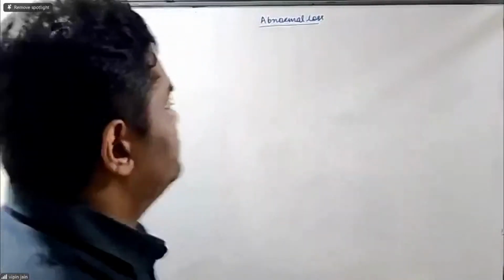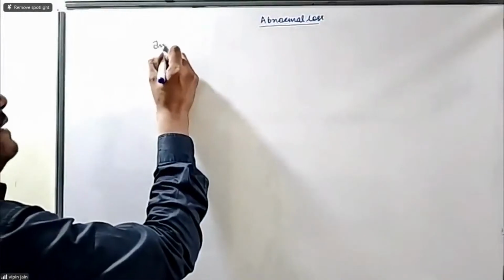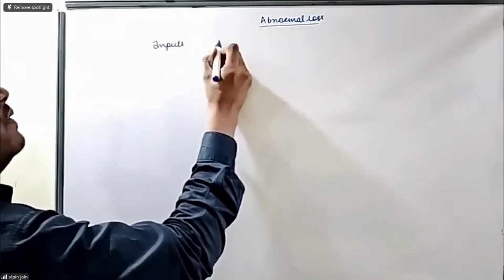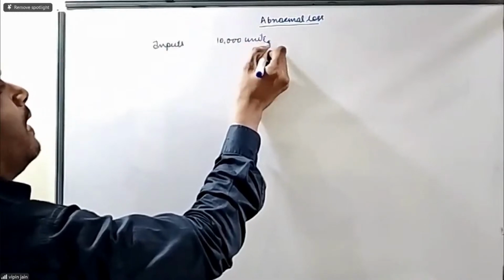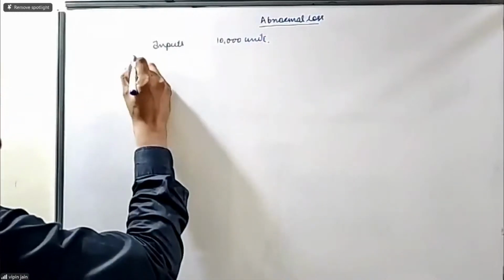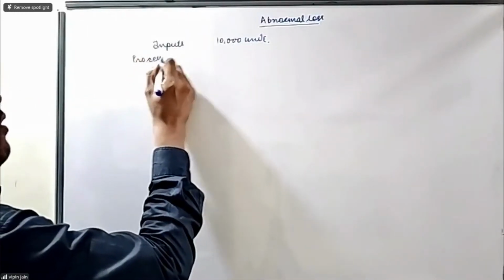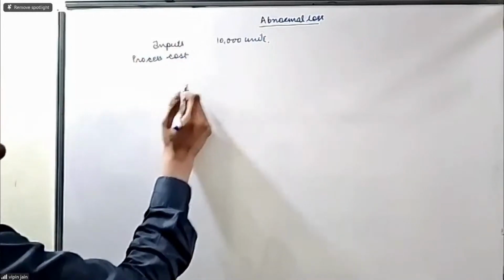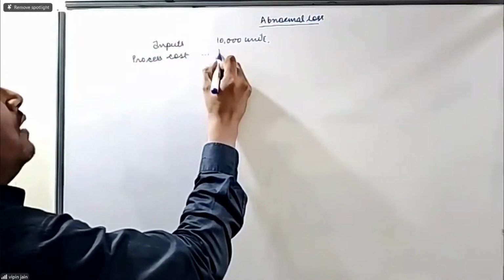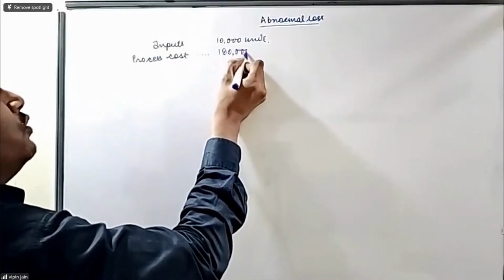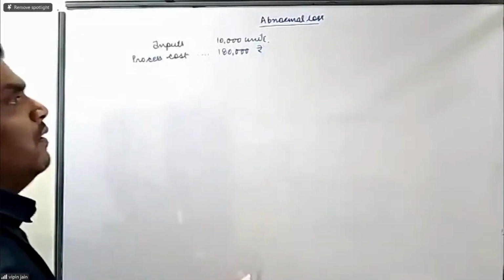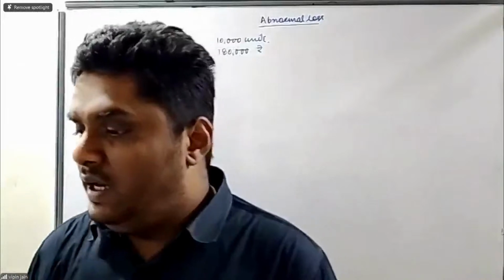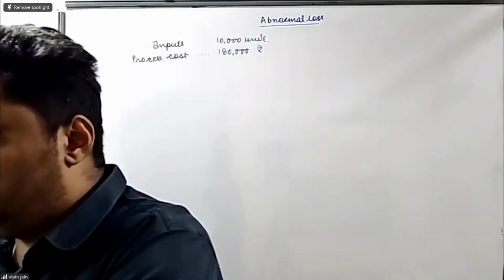Let's discuss this with the help of an example. Let's say my inputs are 10,000 units. My process cost is 1,80,000 rupees.